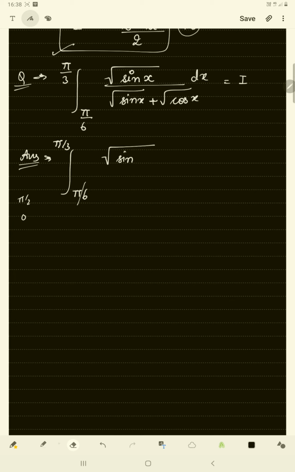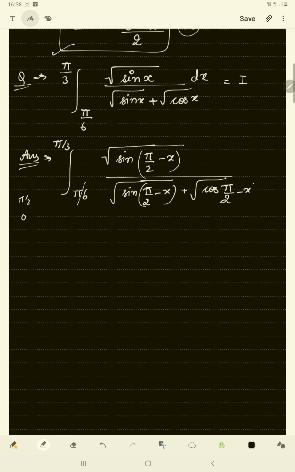So just directly writing this, we have pi by 6 plus pi by 3, that is pi by 2 minus x, upon under root sine of pi by 2 minus x plus under root cos of pi by 2 minus x dx.